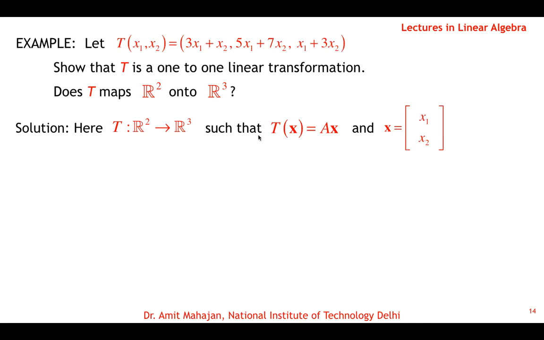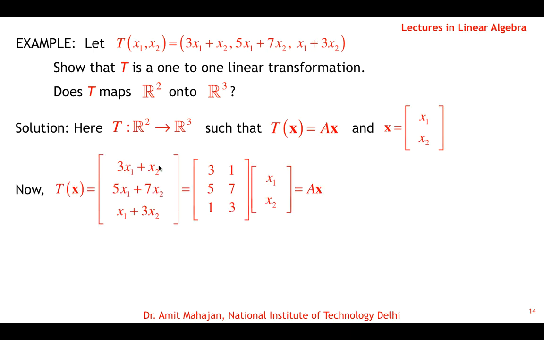We can write T of x in the form of Ax, with the first row, second row and third row. So Tx has first row 3x1 + x2, second row 5x1 + 7x2, third row x1 + 3x2. So we can write it as A times x, with A as the coefficient matrix. A is a 3 by 2 matrix, so clearly 3 by 2 implies the mapping is R2 to R3.